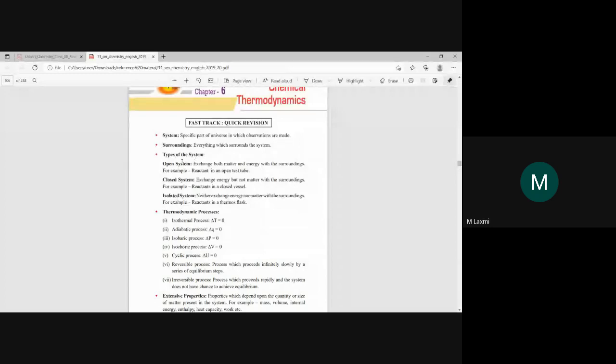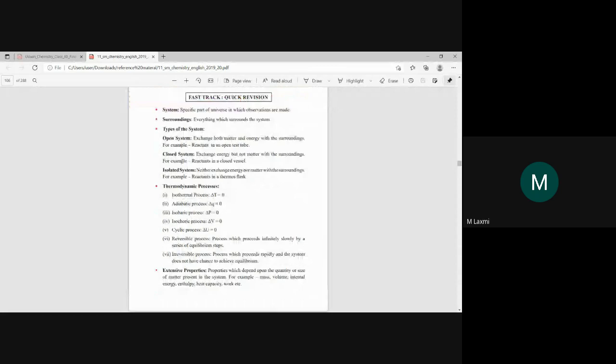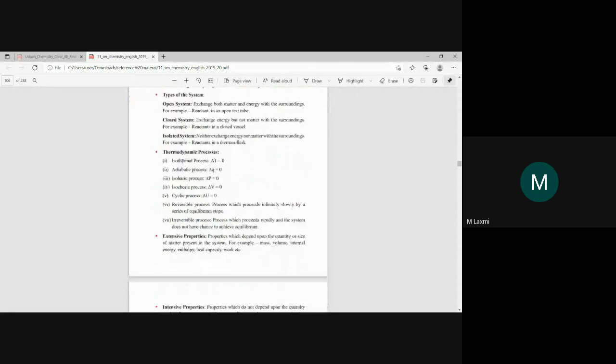In an open system, both matter and energy can be exchanged with the surroundings. A reactant in an open test tube is an example. A closed system can exchange energy, but it cannot exchange matter with the surroundings. Example: reactants in a closed vessel. In an isolated system, no exchange of energy or matter takes place with the surroundings. Example: reactant in a thermos flask.